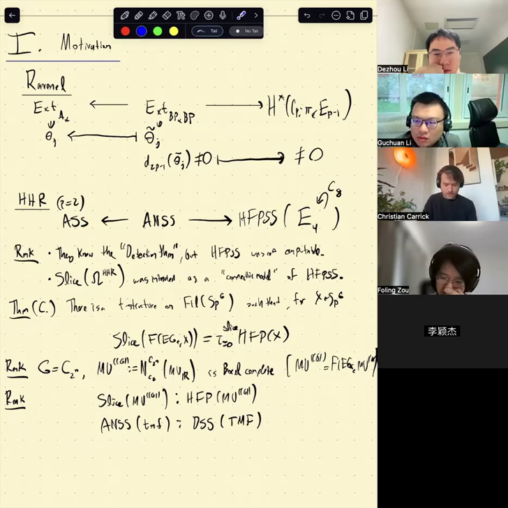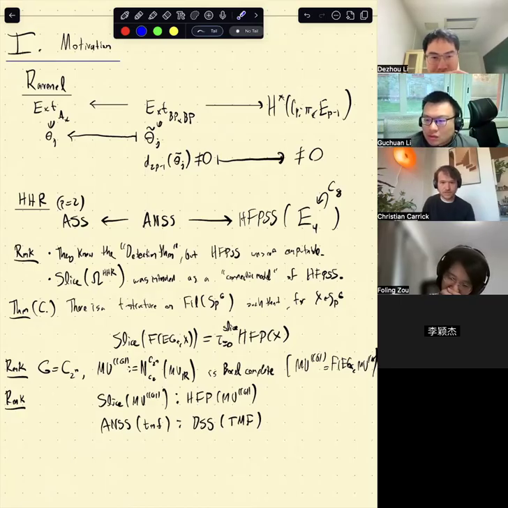Now with this analogy in mind, one might wonder if the slice spectral sequence has something to do with an Adams-Novikov spectral sequence. One more curious observation in that direction is the following.